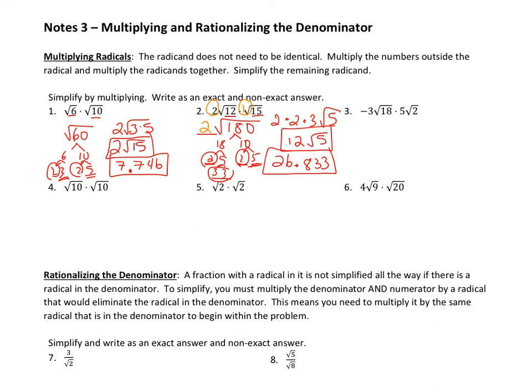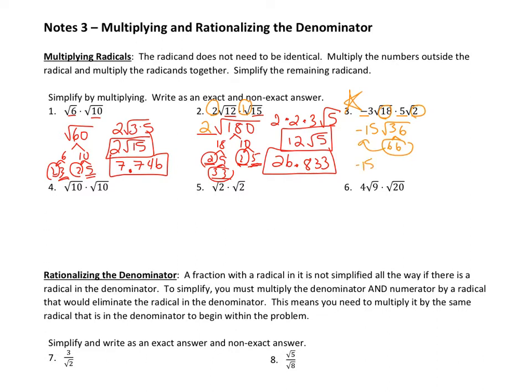All right, so for number 3, I want you to try this one yourself now. Multiply just the outside numbers together, then multiply just the inside numbers together, and then reduce it. So now that you have multiplied it, your outside number should become a negative 15. 18 times 2 becomes 36, and if you remember, that is a perfect square, so you get a pair of 6's to bring outside.